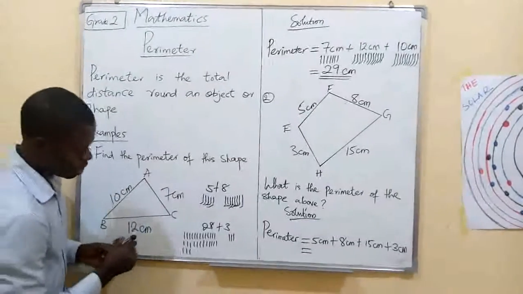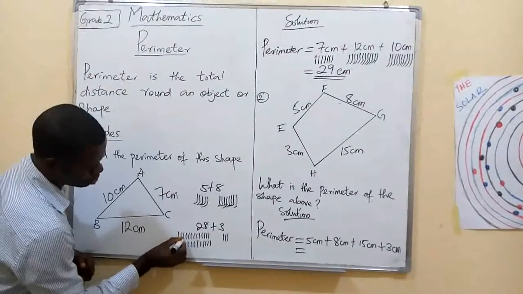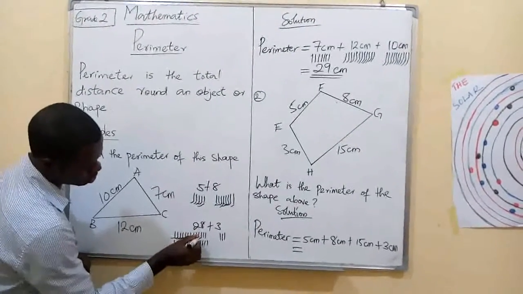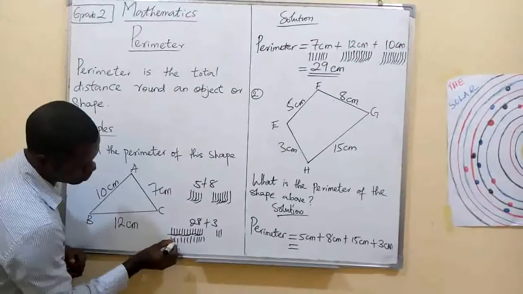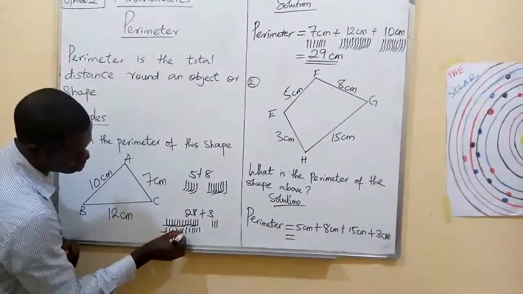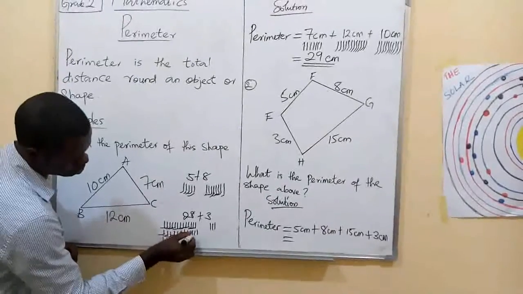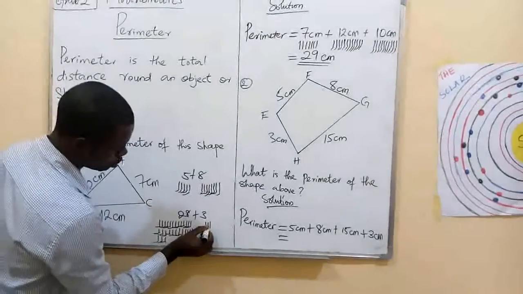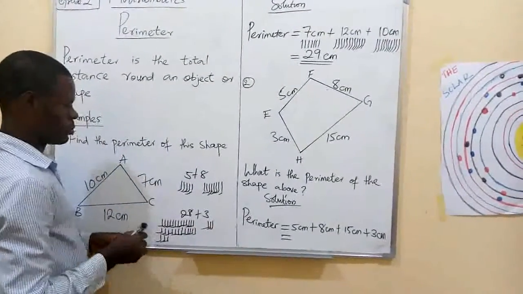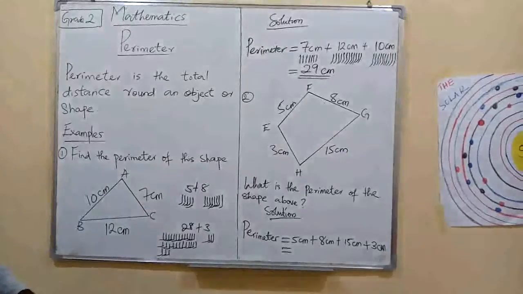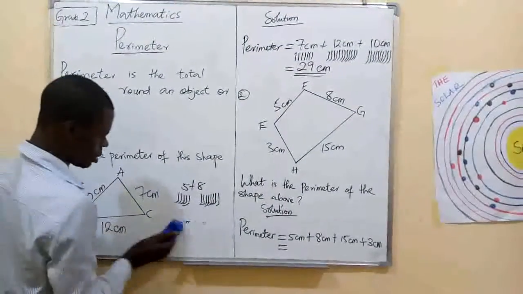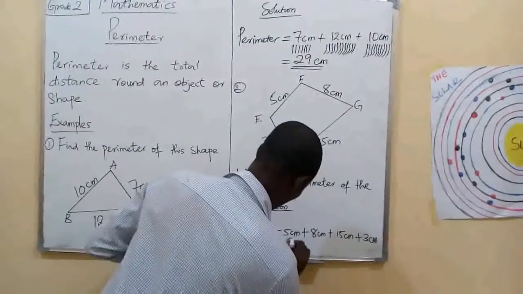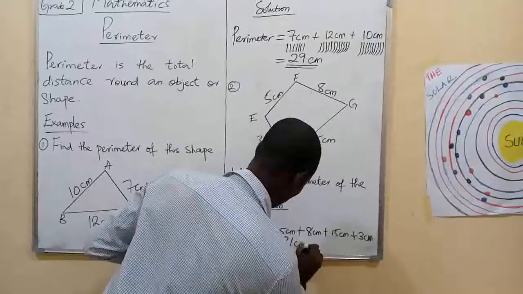So we have to add them together now. 1, 2, 3, and so on up to 31. So altogether we have 31 centimeters. So the perimeter of this figure or shape is 31 centimeters.